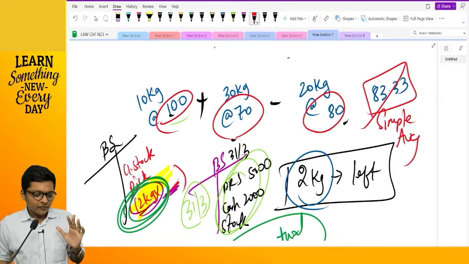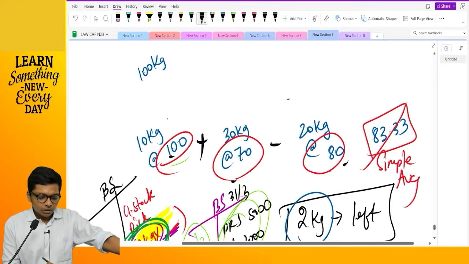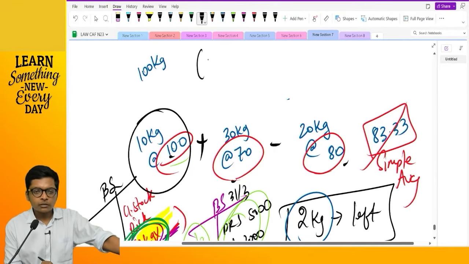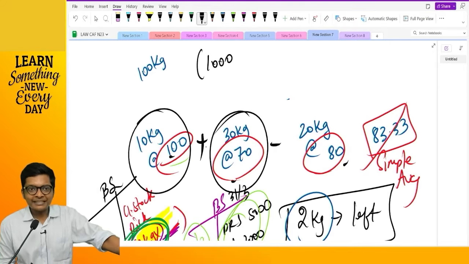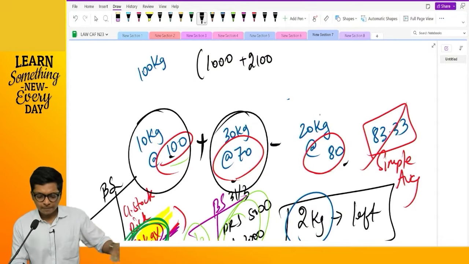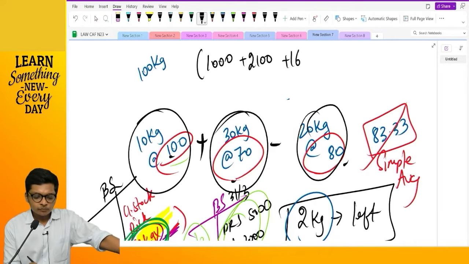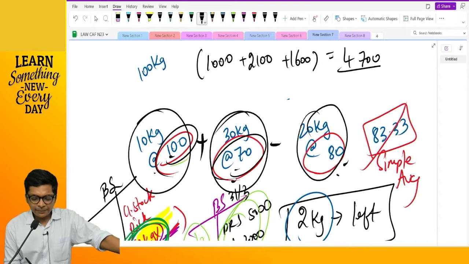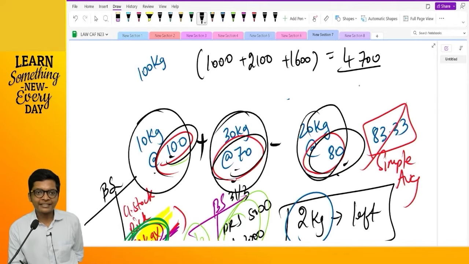It's simple. First time when you purchased 10 kgs, how much did you pay? Next when I purchased 30 kg at 70, how much did I pay? Next when I purchased 20 at 80, totally how much did you pay? 4,000 is what I paid for how many kgs of rice?